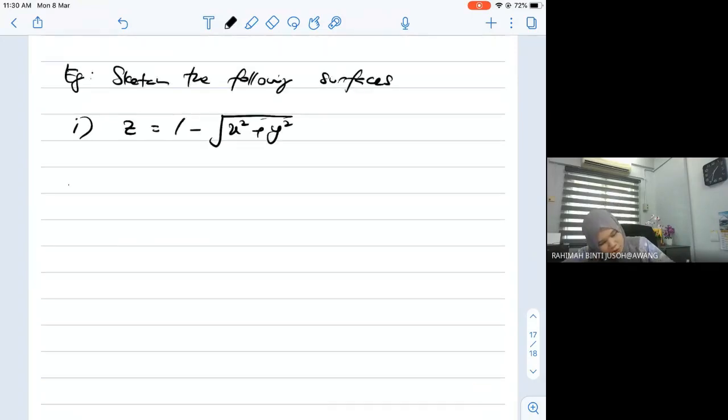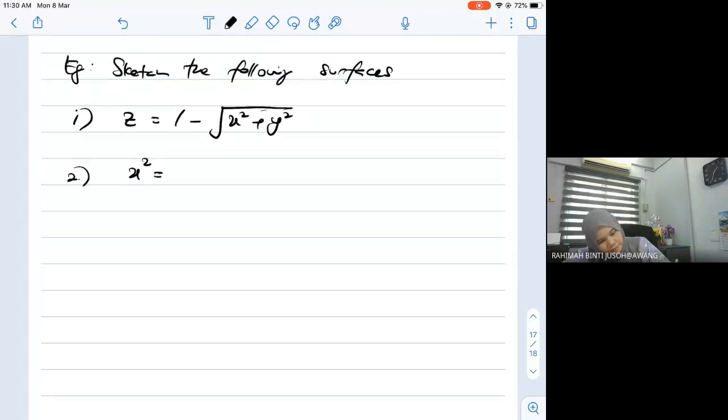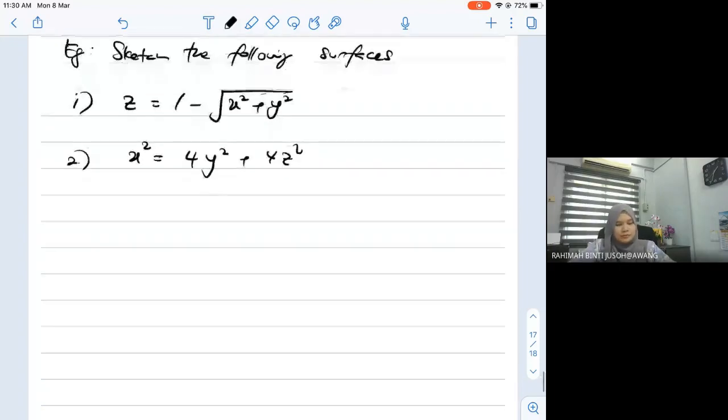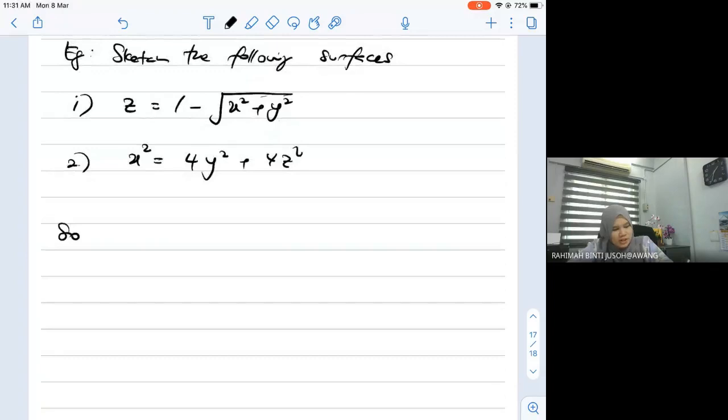Okay, number 2, let's say you have x squared equals 4y squared plus 4z squared. Sorry, these two questions. Okay, now we go for the first question first. Let's say the test question comes out like this.